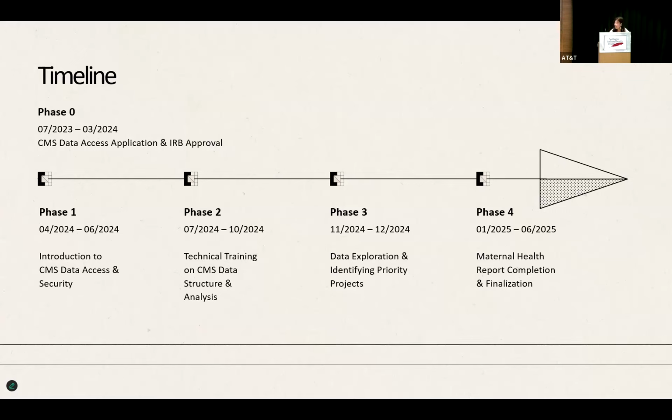Luckily, we were able to submit our IRB application to the Indian Health Service National IRB Board right before their next review meeting. So we received our approval 2 days before the deadline. Whew, right?